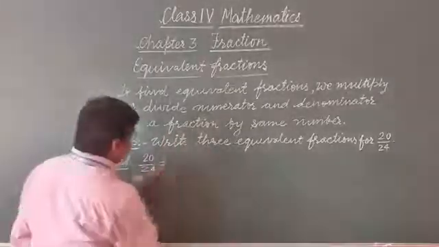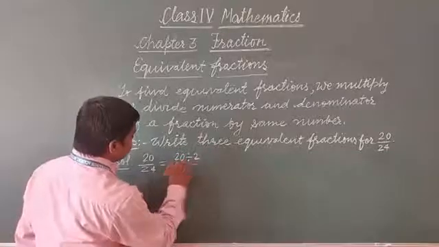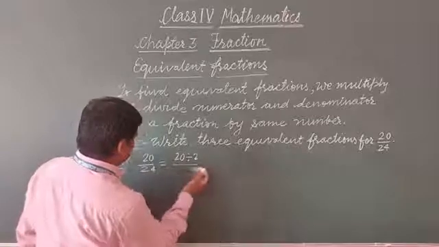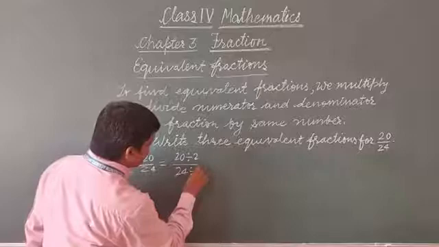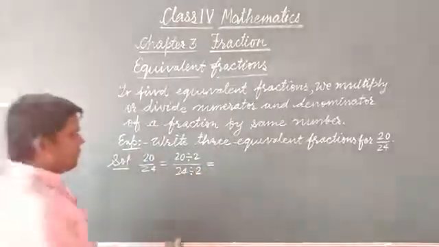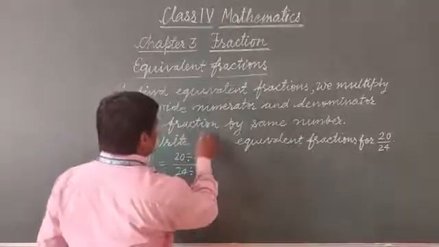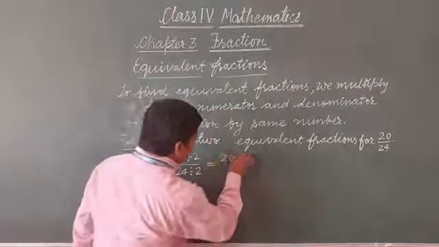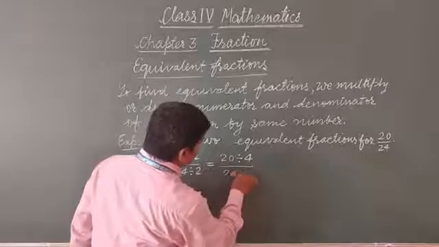So we can write here 20 divided by 2, 24 divided by 2. Now both numbers are also divisible by 4, so here I am writing 20 divided by 4, 24 divided by 4.